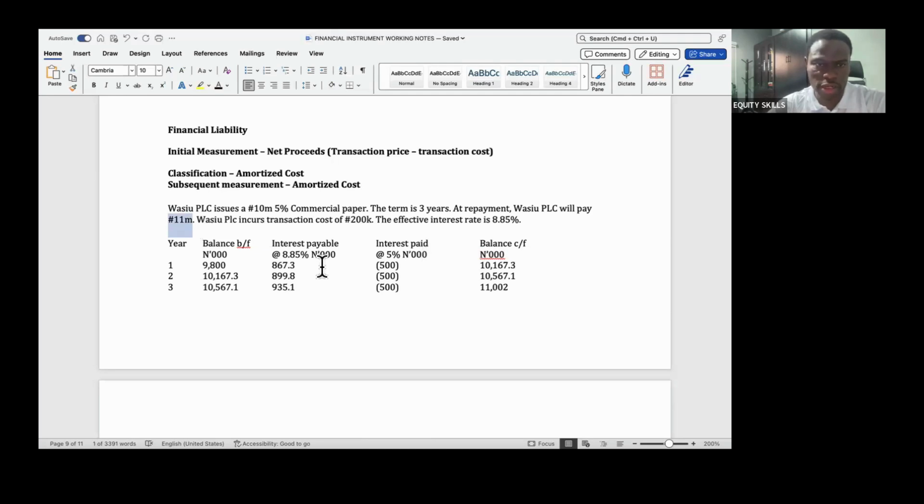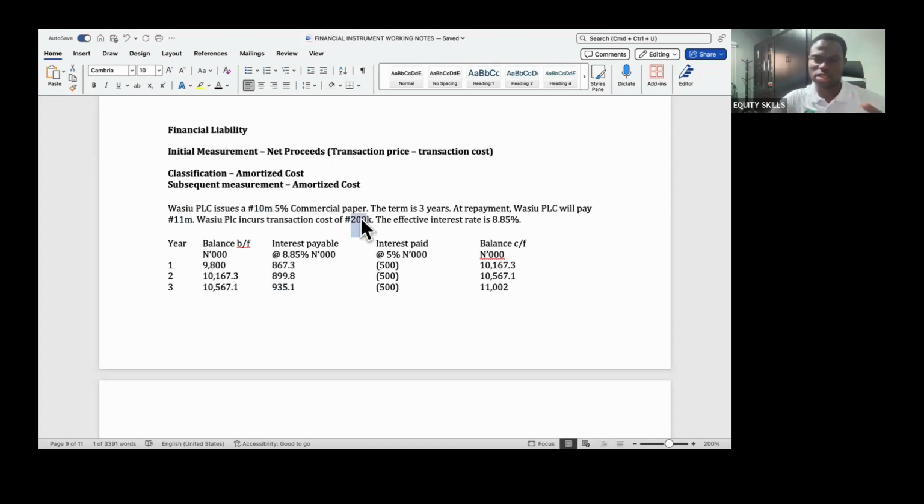So again, this is still the same thing as what I've taught you. But here now, you will see that when you add these three together, you will get 2,700, because that's the total effective interest this guy is paying, which is the 5% per annum on the 10 million, which is 500 every year, like 1.5 million over 3 years. The extra 1 million he will pay makes it 2.5 million, and the extra 200,000 he is paying as transaction cost makes it 2.7.